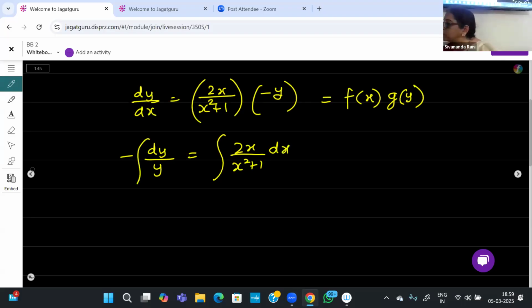And the curve passes through 1, 2. Come on. Curve passes through 1, 2. So this detail is given for fixing C. Can you complete it and tell me the C value? Integration is very simple. Fixing C only is a challenge.